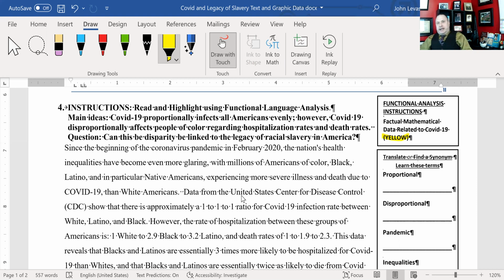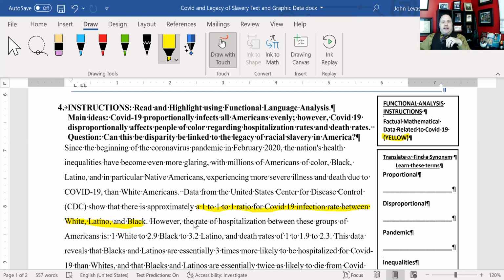Data from the United States Center for Disease Control, CDC, shows that there's approximately a 1-to-1-to-1 ratio for COVID-19 infection rates between white, Latino, and Black. So for every 1 white, 1 Latino, and 1 Black, there's an even rate, 1-to-1-to-1, of infection.